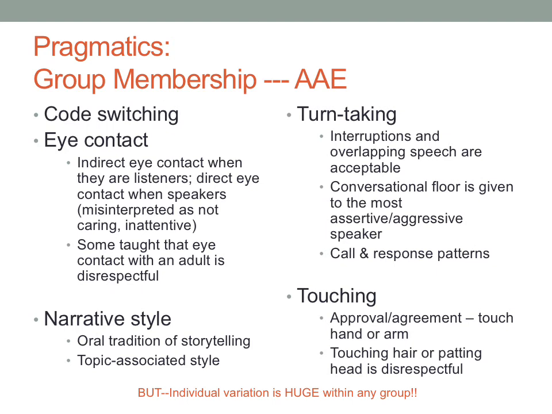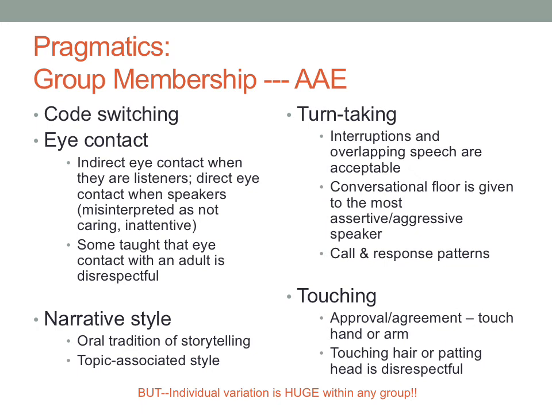Turn taking. Turn taking is another area where speakers of African American English may look different than speakers of General American English. So interruptions and overlapping speech are perfectly acceptable.